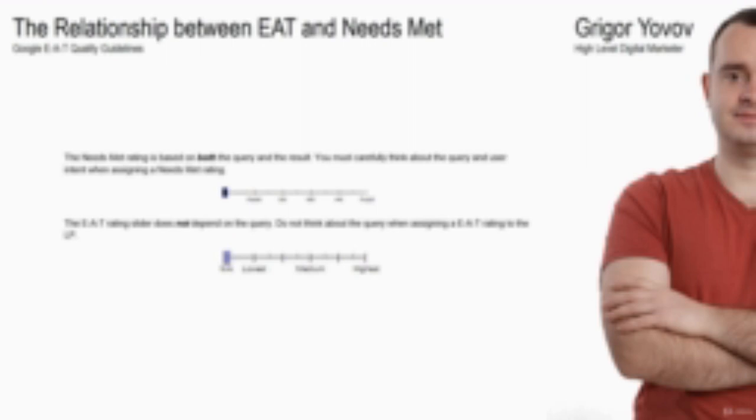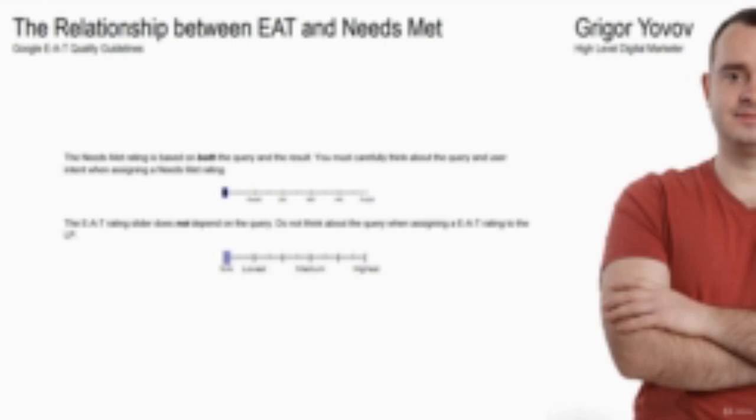SM is often an appropriate rating for low quality but on topic pages. However, a page can have such a low EAT that it's useless for nearly all queries. Gibberish pages are a good example of pages with low EAT that should be rated fails to meet.